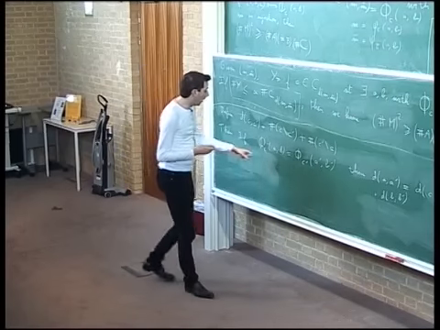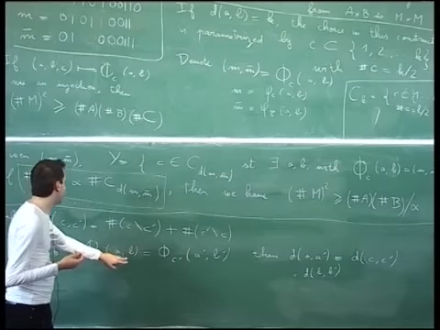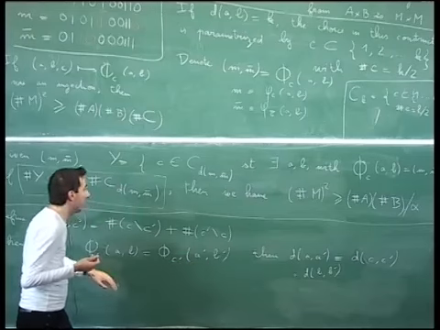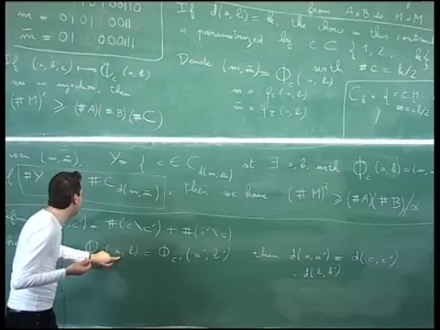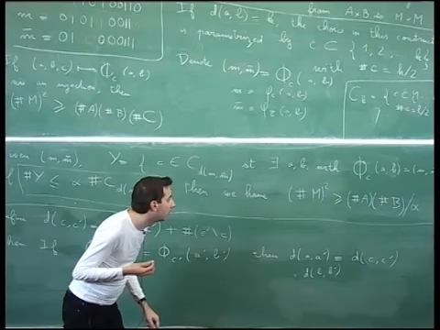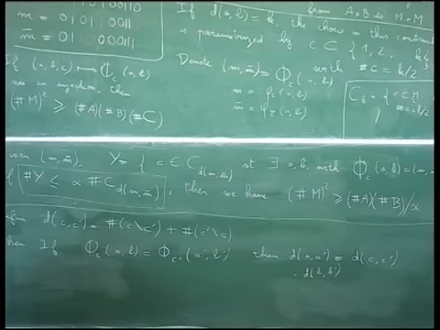Because here, phi C preserves the distance between the two points you get. So if here it's equal to here, then necessarily the distance from A to B is equal to the distance from A prime to B prime. And as a consequence, you get A prime equal to B prime, if I'm not mistaken.